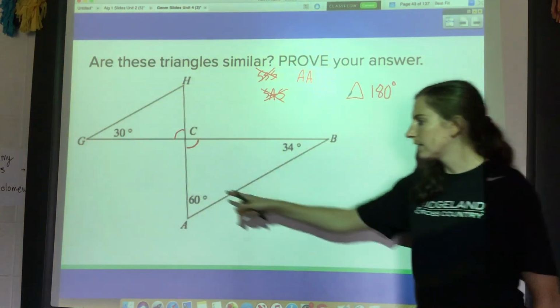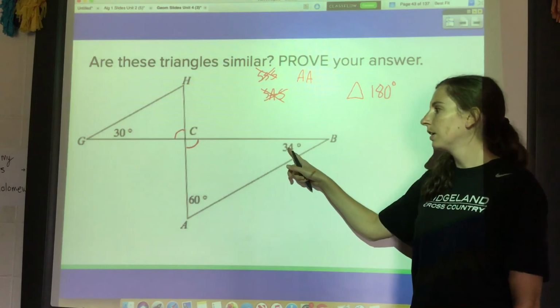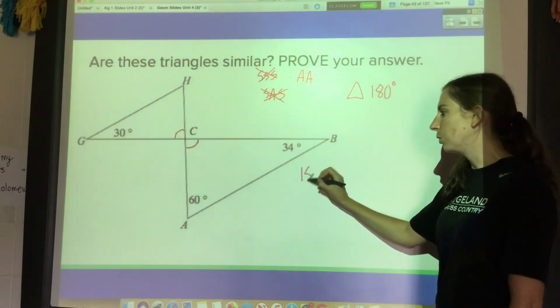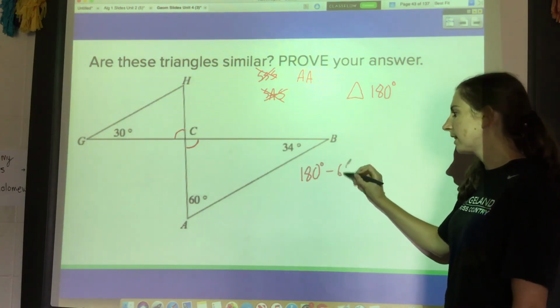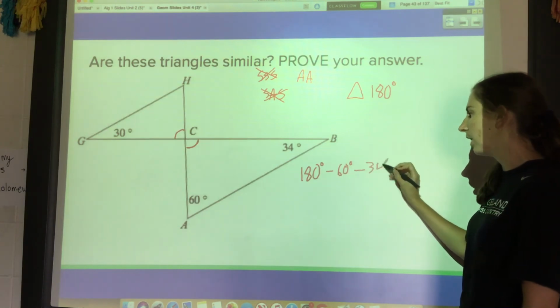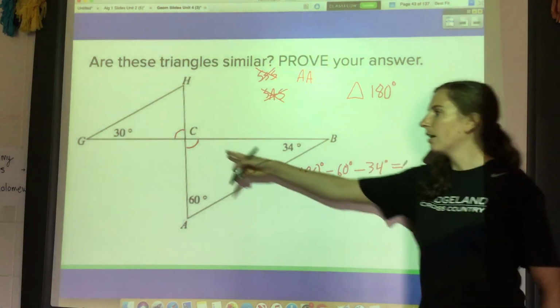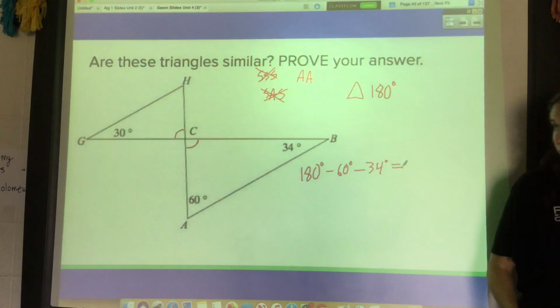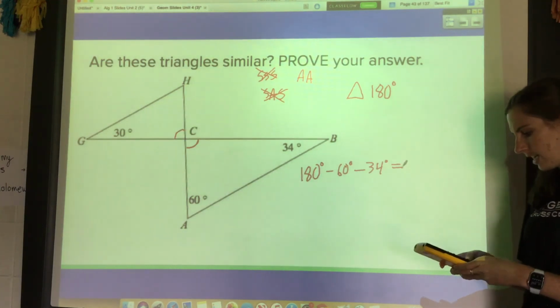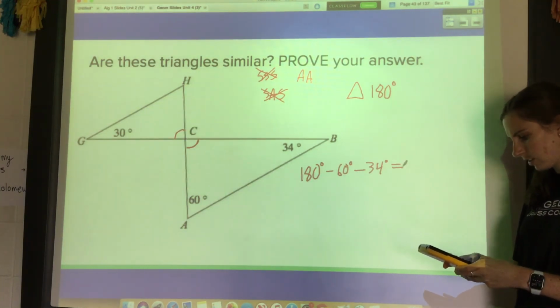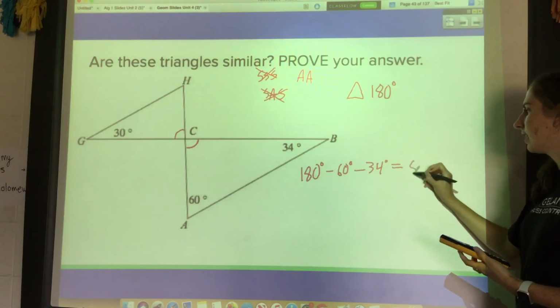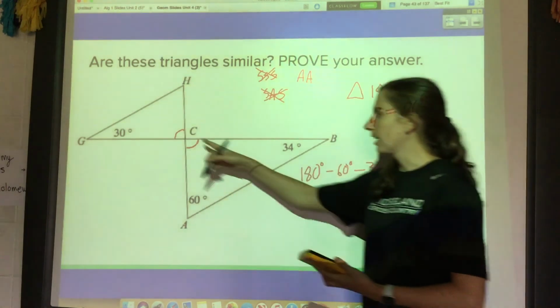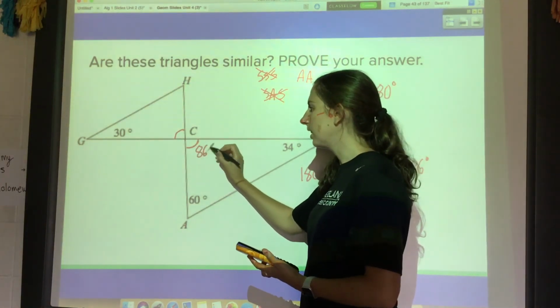And so if this is 60 and this is 34, then basically I need to do 180 minus 60 and then minus 34, and that will tell me how much is left for this third angle. So 180 minus 60 minus 34 is 86. So that is this angle, 86 degrees.